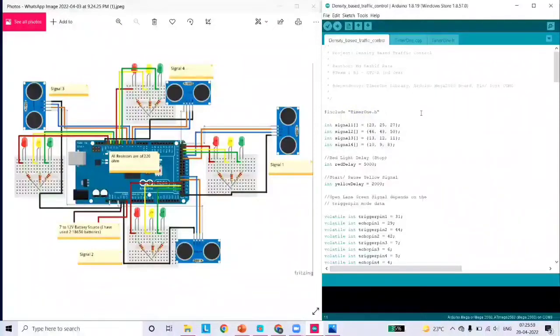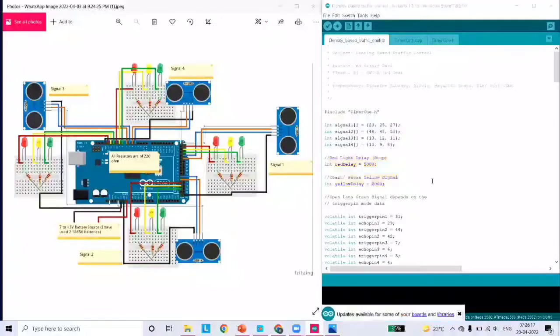Here we have included the timer1.h header file, which is the dependency for the delay and interrupt timings of this system. Now, as you can see, we have 4 arrays, signal 1, signal 2 to signal 4, which consist of 3 integers, representing 3 pins.